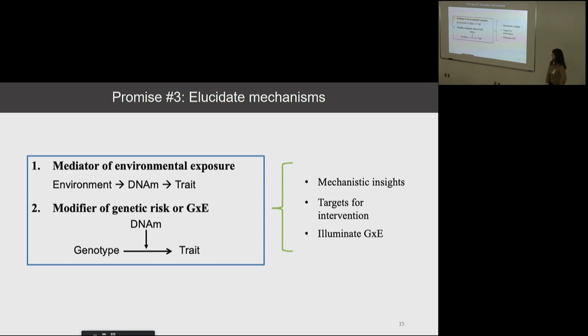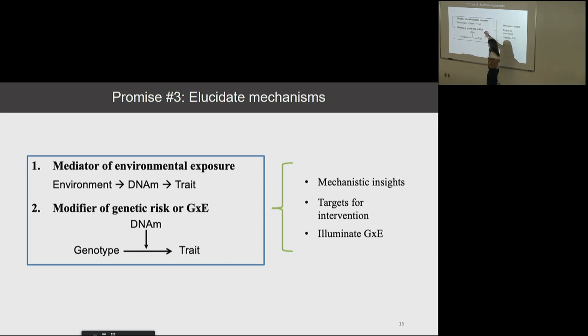Now, the one thing, and I think there still needs to be a lot of work here, and it may or may not be something economists get as excited about, is to elucidate mechanisms. We could look at DNA methylation as a potential mediator of environmental exposures. If we want to know how the environment is actually affecting a trait or an outcome, it is potentially working through DNA methylation.